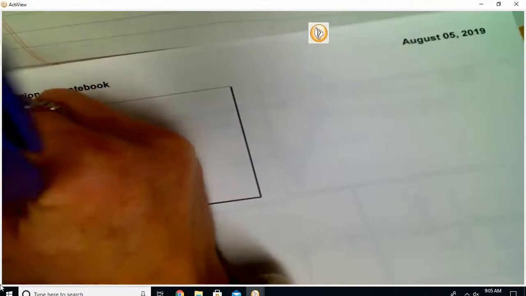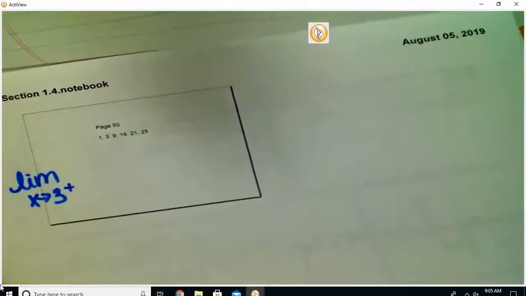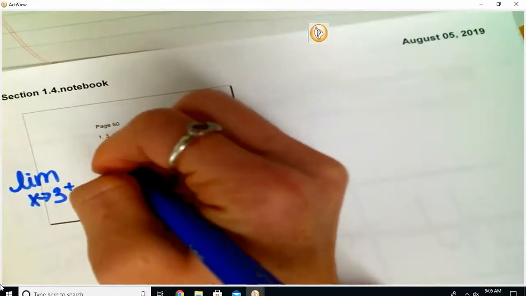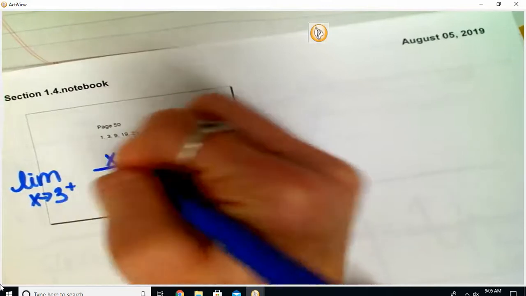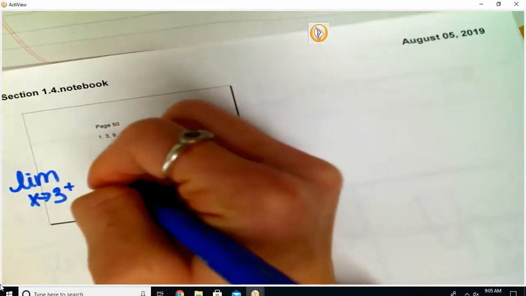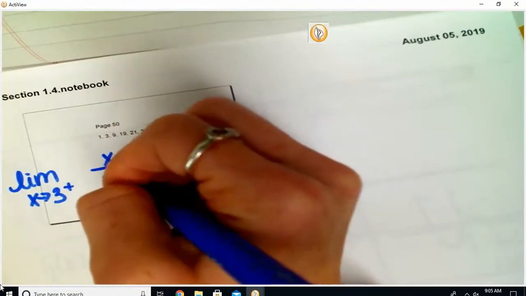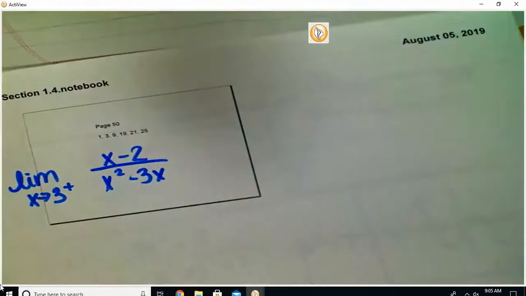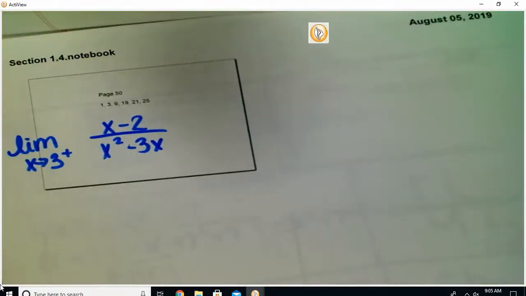Say the limit as x approaches 3 from the right of x minus 2 over x squared minus 3x. You guys should be writing these down.